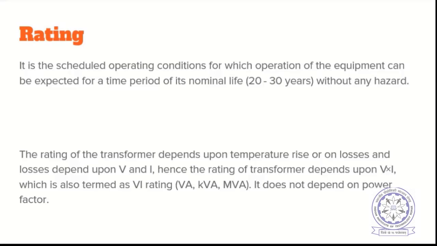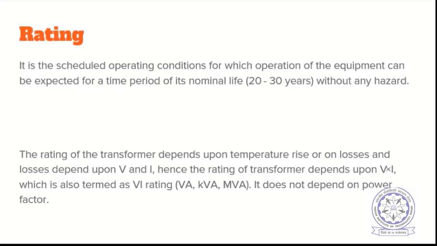Volt amperes, kilovolt amperes or megavolt amperes are used for ratings. Apart from this, voltage rating will also be given. But it does not depend on the power factor, because the losses depend on I, not I cos theta. That's why V into I is decided as the rating.